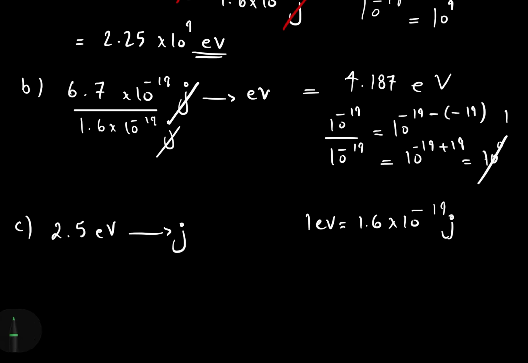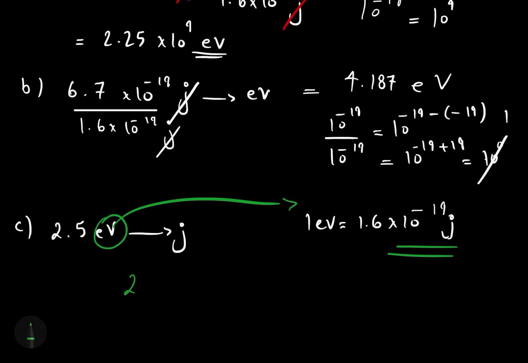So basically, all you have to do is change this electron volt to the amount of joules that is in 1 electron volt. So 2.5 times 1.6 times 10 to the power of negative 19, and that will give us 4 times 10 to the power of negative 19 joules.